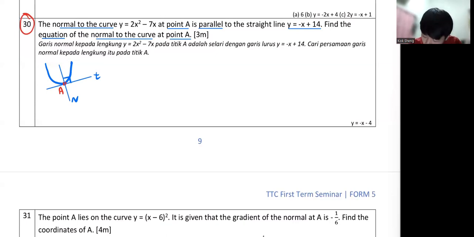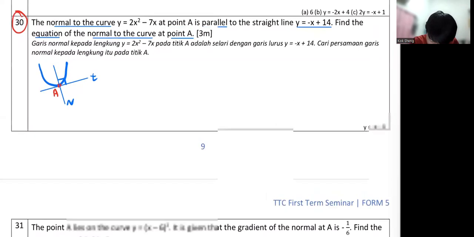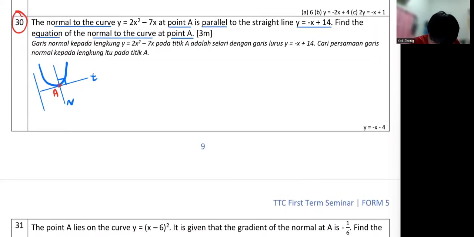Next one. The normal to the curve at point A is parallel to the straight line. So what is parallel to the straight line is the normal, don't see the wrong line. This straight line is a new straight line, and it never says whether it intersects the curve or not. So I draw it outside here, just another straight line with the parallel sign.